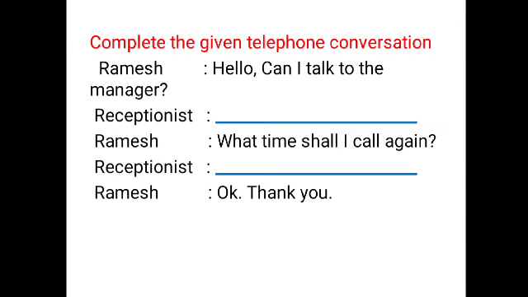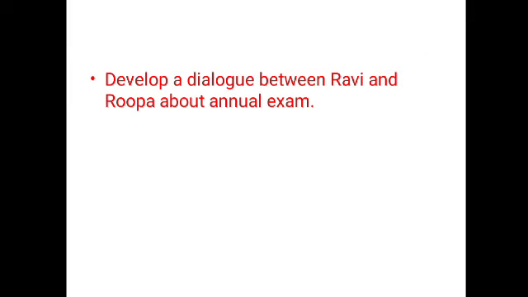The next task is completion of dialogue. There are two kinds of questions here. One, they will give you an incomplete conversation, and you will have to complete that conversation based on the situation. And the second question is, you will be asked to develop a dialogue between two persons. Like this: develop a dialogue between Ravi and Rupa about the annual exam.